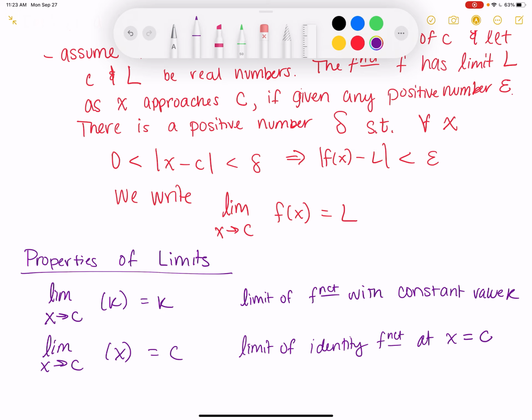Oh, I'm still gonna write that. This one is a k.